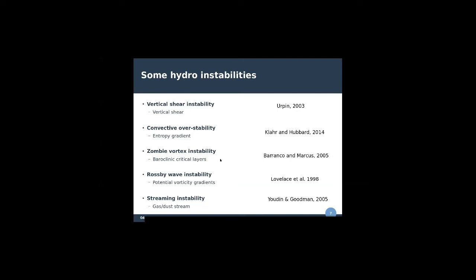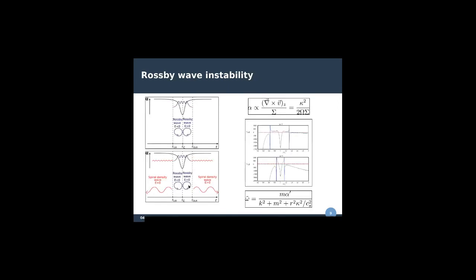The one I want to discuss a bit more here is the Rossby wave instability, where you need to have potential vorticity gradients, PV gradients, as it's really directly related, I think, to what you've already seen here. And if I have time, I'll say a few words on the streaming instability. So the Rossby wave instability is an instability that grows if there is an extremum in potential vorticity that is defined here.